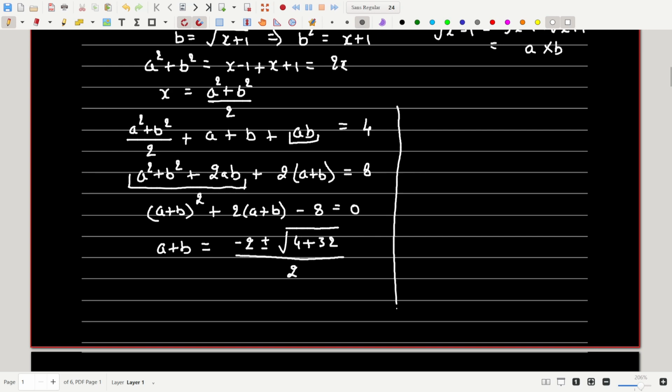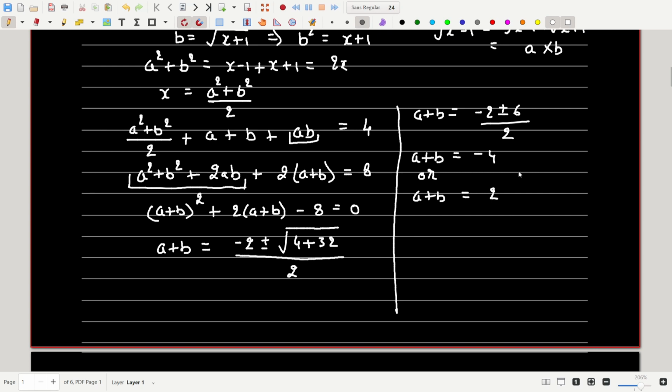Let me solve here. A plus b is equal to minus 2 plus minus 6 by 2, which means a plus b is equal to minus 2 minus 6 is minus 8 divided by 2 is minus 4, or a plus b is equal to 4 divided by 2, which is 2.